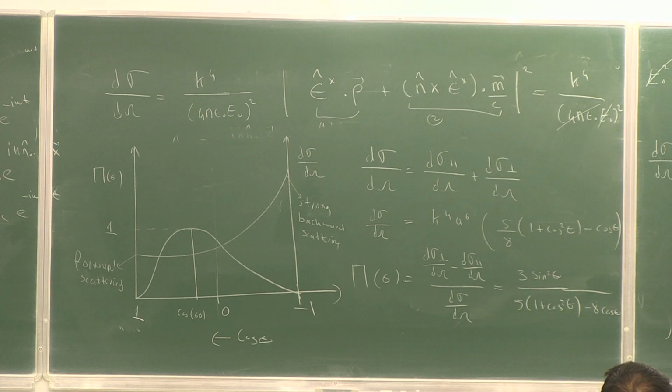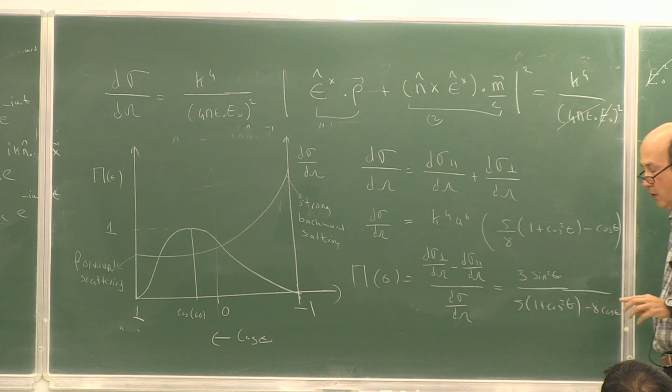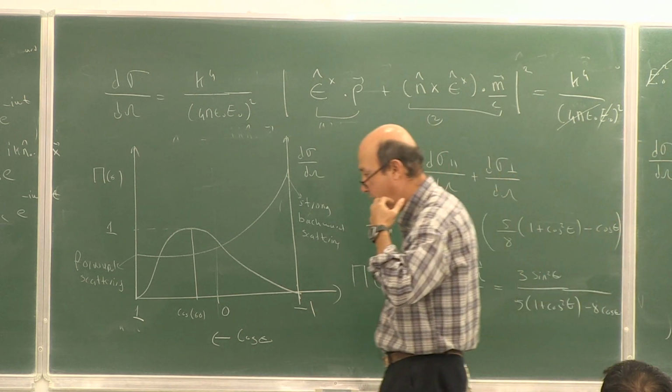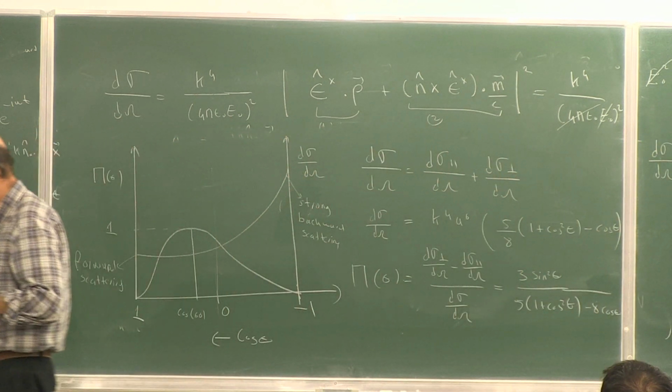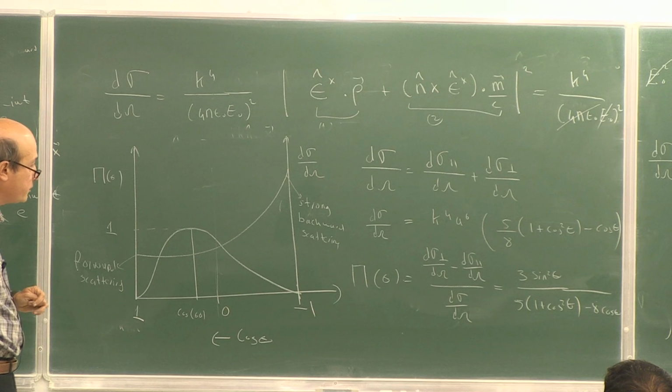Then you can calculate the scattering cross-section per solid angle. All scattering cross-section per solid angle formulas are related to k to the 4th, omega to the 4th. That means there is more scattering at high frequencies. That is the basic reason we see the sky as blue. We will discuss this on Wednesday.